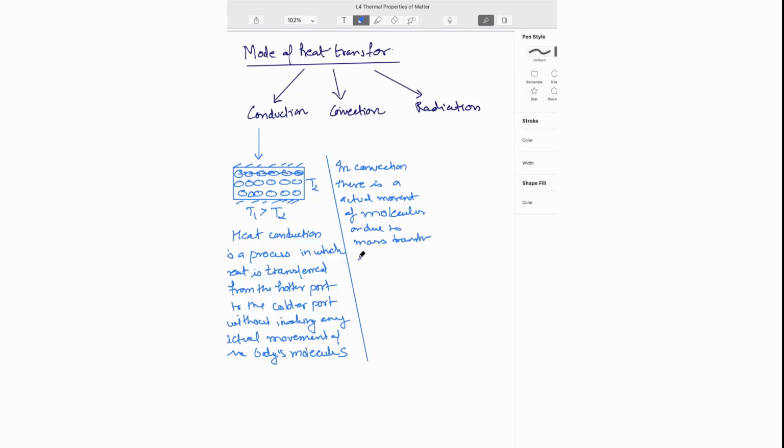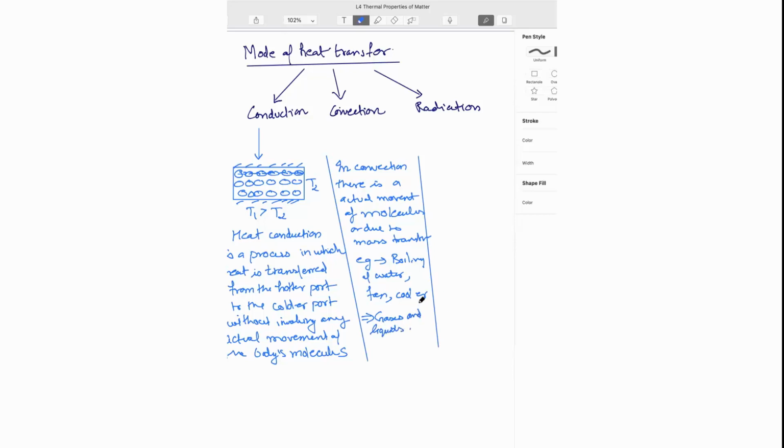For example, boiling of water, or a fan or cooler. These are all examples of convection, where some surrounding molecules are transferring heat, and this phenomenon generally happens in gases and liquids.